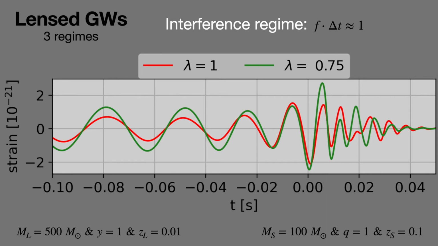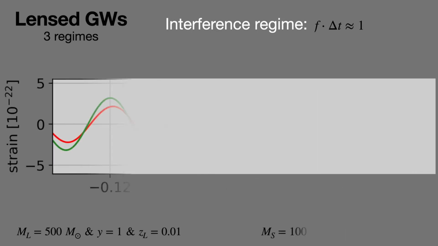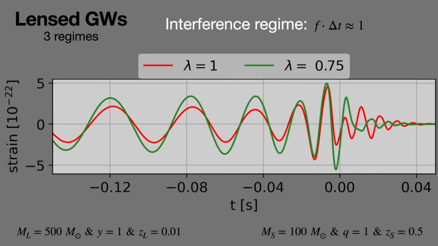So the case I'm showing here is given by a source at redshift 0.1, and we can clearly see that, especially for times larger than 0, the 2 waveforms are really different. And the same can be said if we consider a source at redshift 0.5. Again, the two waveforms are really different.